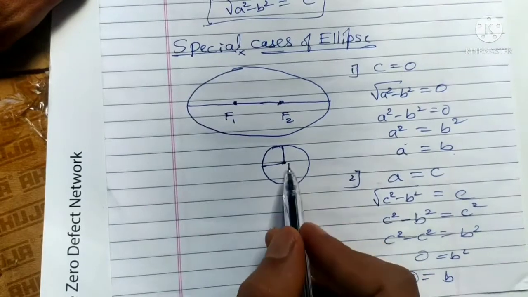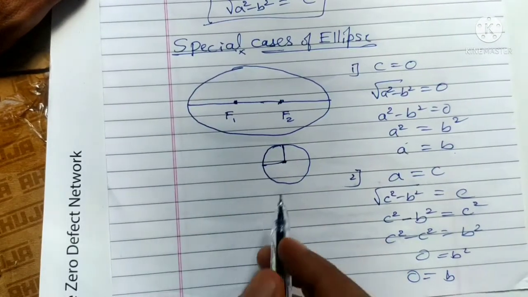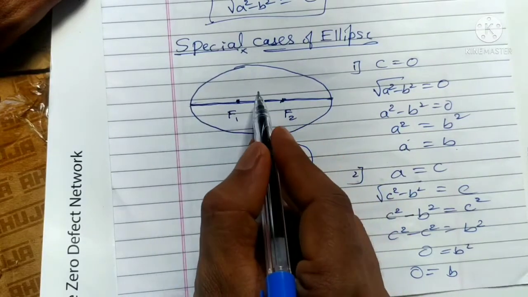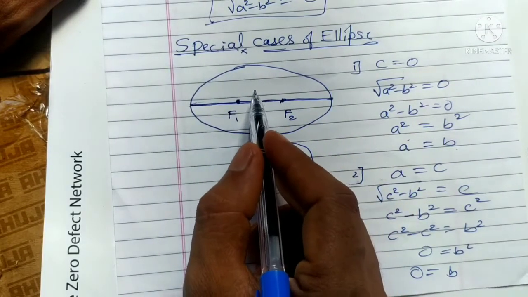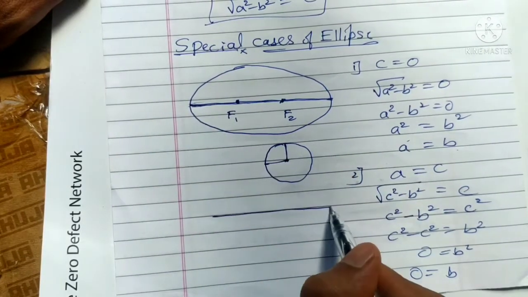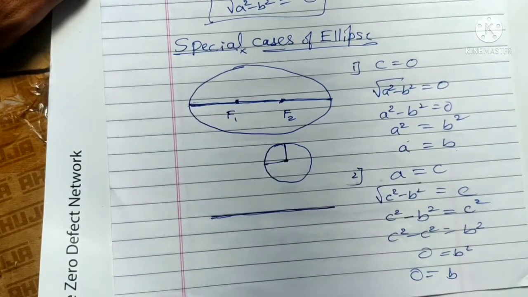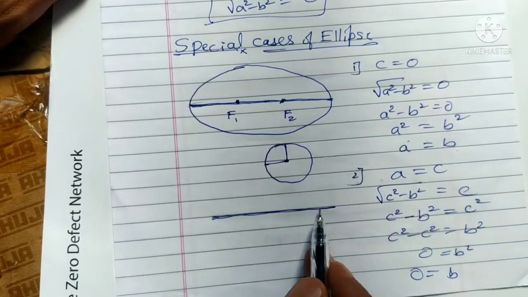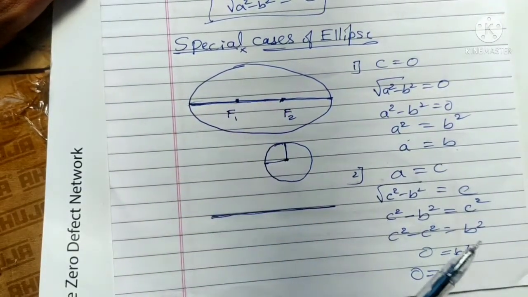That means you don't find a minor axis, so in that case you will find only a straight line. If there is a minor axis, then you will find this shape. Otherwise it will be a straight line. So if a is equal to c, we will get a straight line. These are the two special cases.